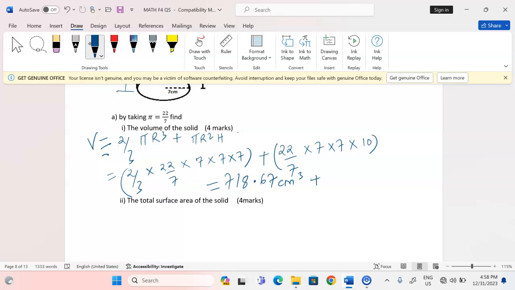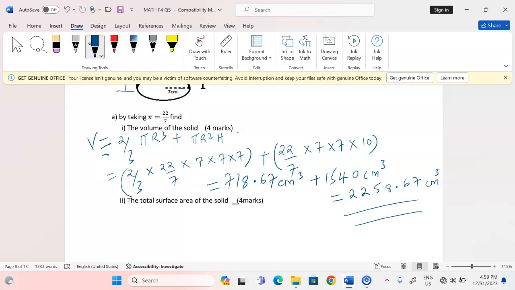Then we add the cylindrical part, 22 multiplied by 7 by 7, then multiplied by 10, then we divide this by 7. This is going to give us 1540 cubic centimeters. Then we add the two, 718.67 and 1540, and we're going to get 2258.67 cubic centimeters. So that is the total volume.